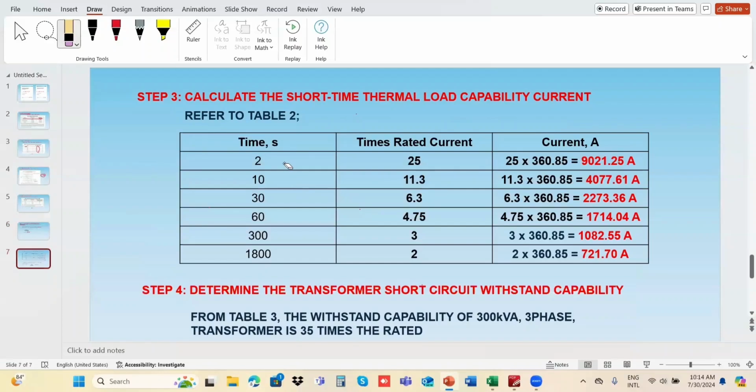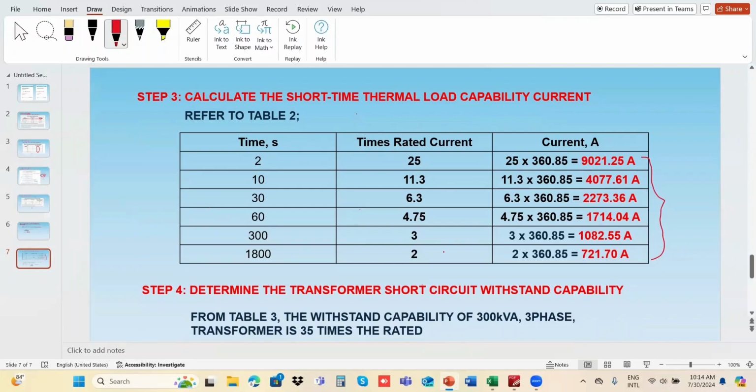You have here now the time and also the times rated current. So these are the current 25 multiplied by the rated current. So these are now the calculated currents.